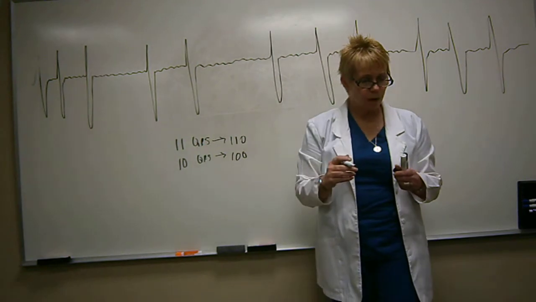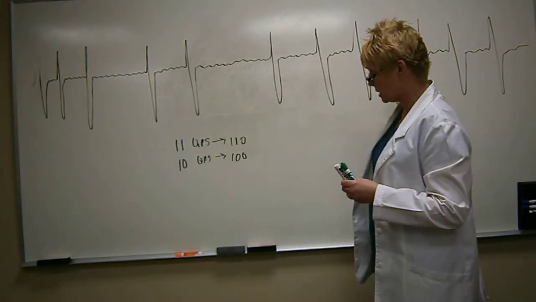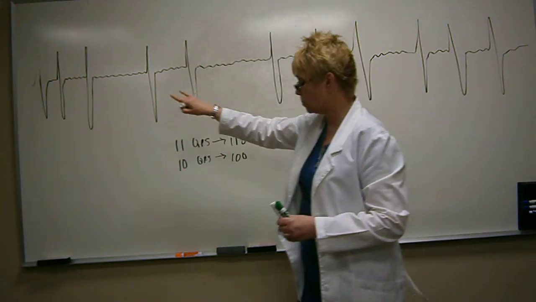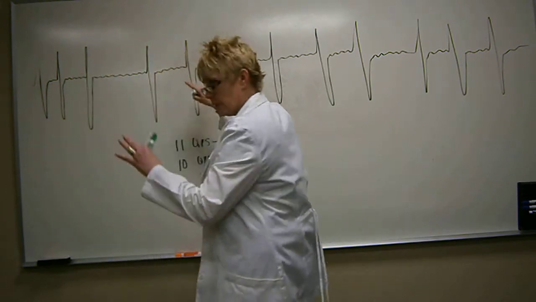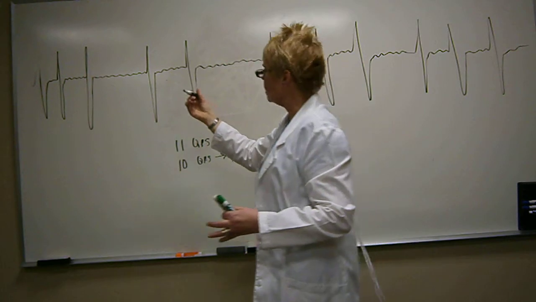So I wanted to have you identify in this 6-second strip what is the longest waveform. I want you to put your calipers on and figure out, now you can't do this because I'm doing this in a video, which is the narrowest R to R and which is the widest.